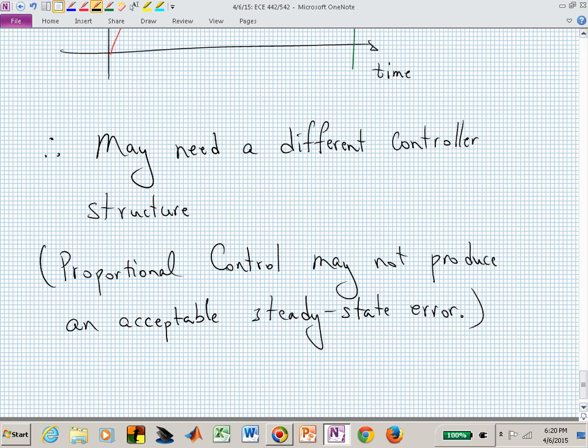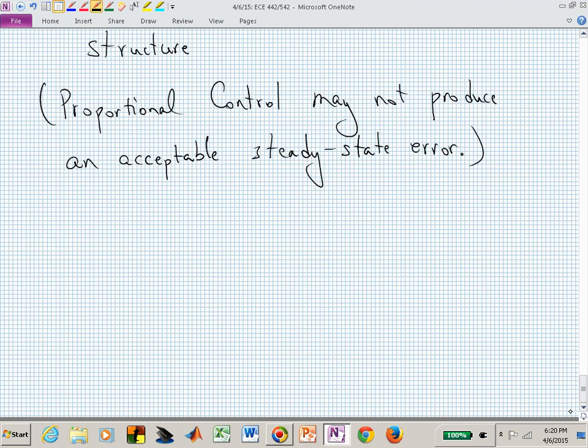How many stable solutions do we have for this system? How many ways can you find a stabilizing gain value, K, for this system? How many are there? There's an infinite number. What if we increased K?